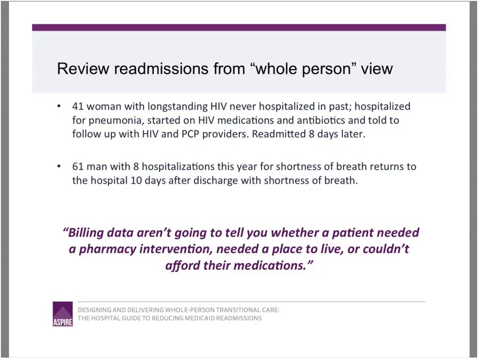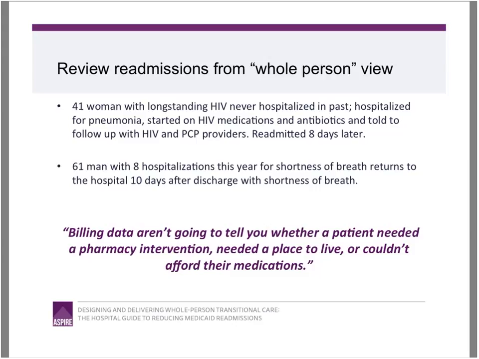So I'll share with you 2 readmission reviews that we have done over the years that are relevant to the Medicaid adult. The first readmission review was conducted on a 41-year-old woman who had known long-standing HIV, had previously been in care and followed up every quarter for years and years.